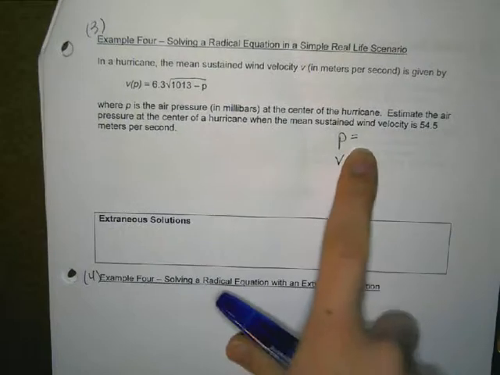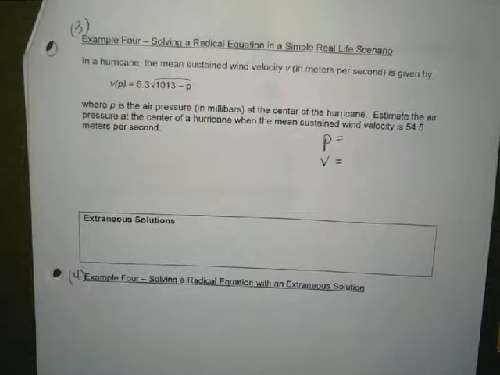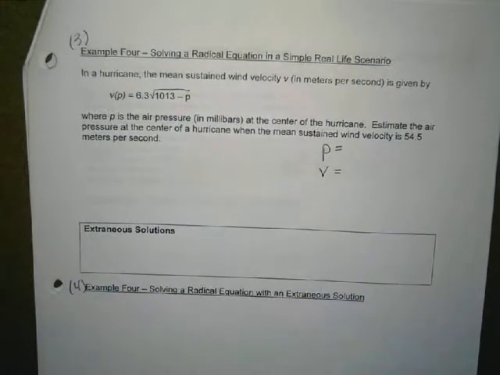With this type of problem, this is just to practice a little bit again with a story problem, pulling out some of the information that it gives you. So this particular example shows the mean sustained wind velocity. In this case, mean represents average. So the average sustained wind velocity per second in a certain hurricane is given by that function. P is the air pressure.